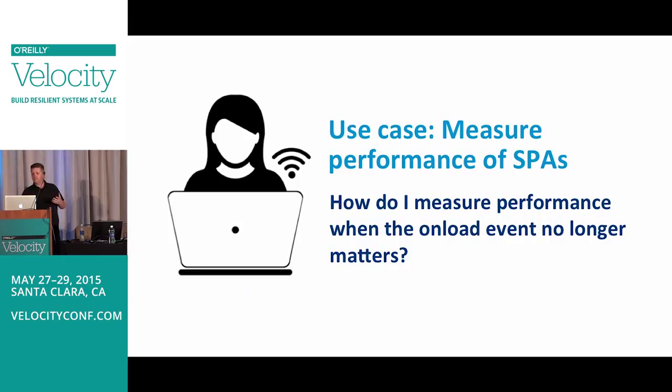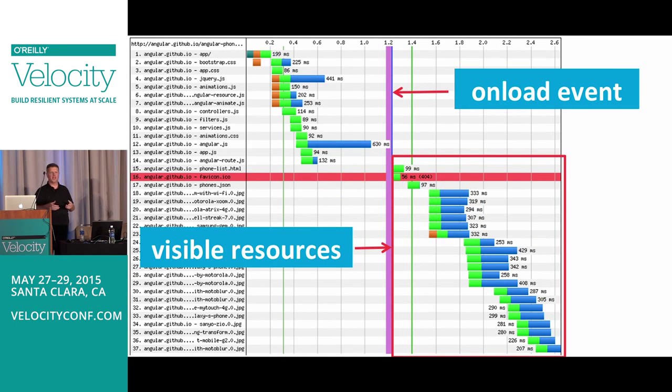Measuring the performance of single page applications. This is one that's becoming more of a hot button, and I'm going to end up pointing you to a blog post again, so spoiler alert. The problem with single page applications and this big move to frameworks like Angular and Ember, when it comes to measuring performance, is that we start to lose context for how we've thought about measuring performance in the past, where we might have been dependent on an onload event.